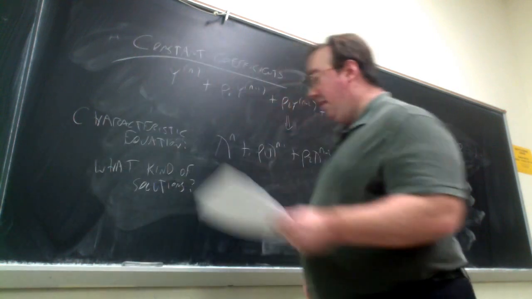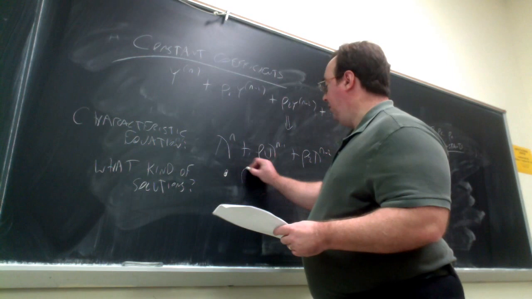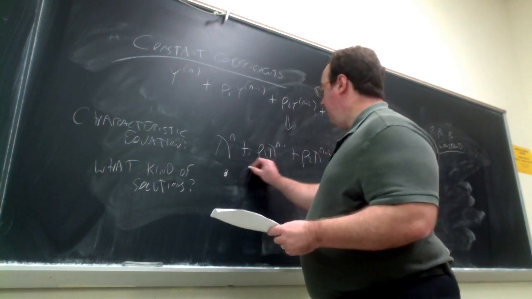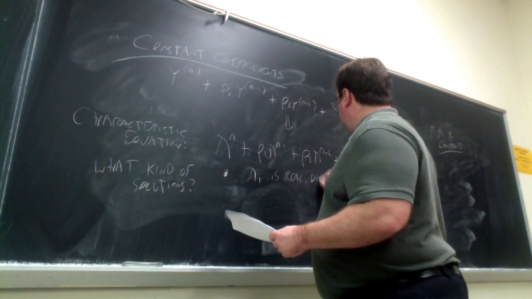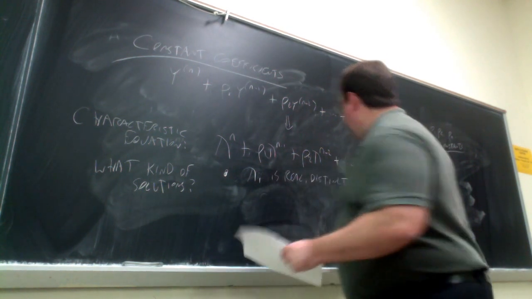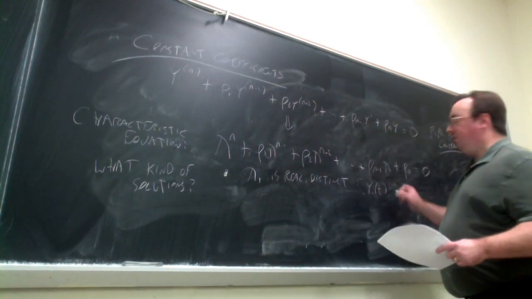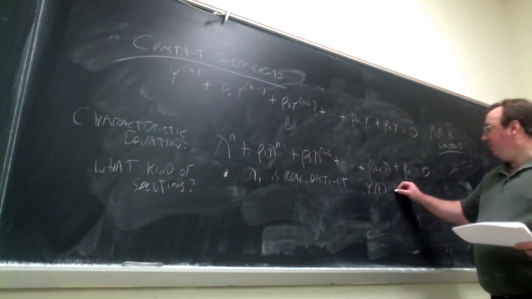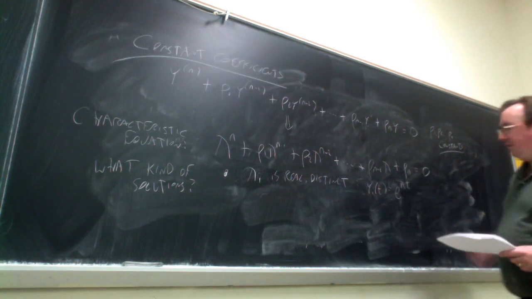Okay. So here are the cases. If a certain root, lambda i, is real and distinct, so if it's one root standing alone from all the other roots, not the same as any of them, then you have your exponential, like before.